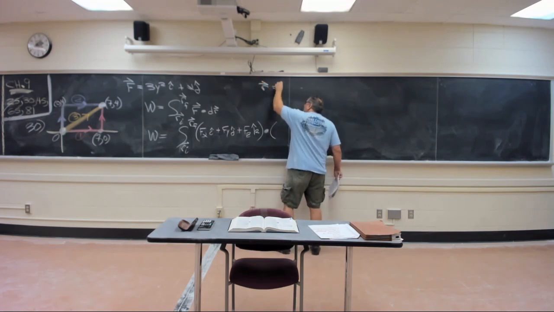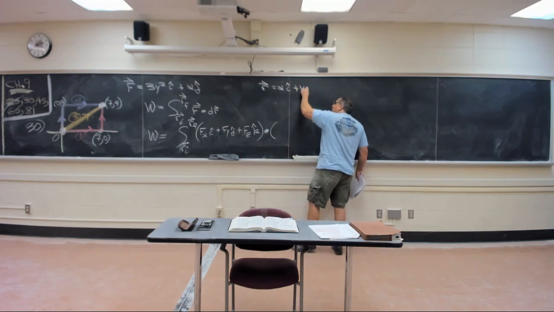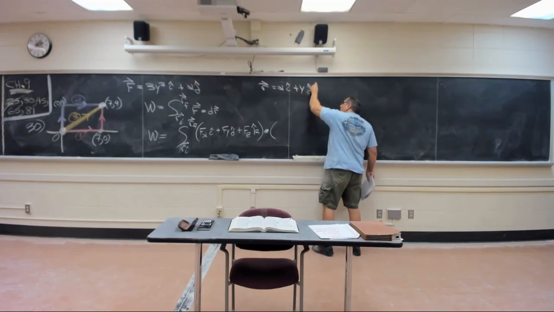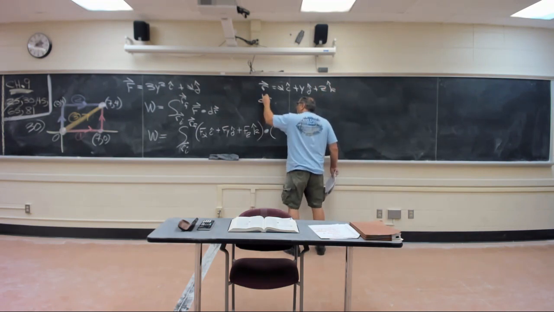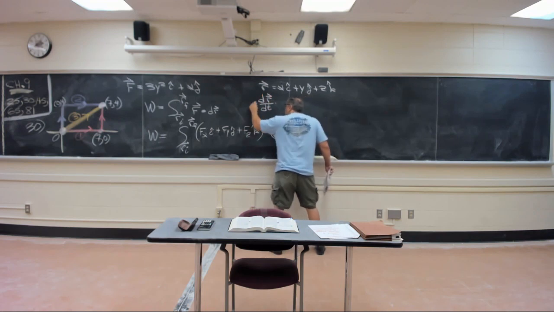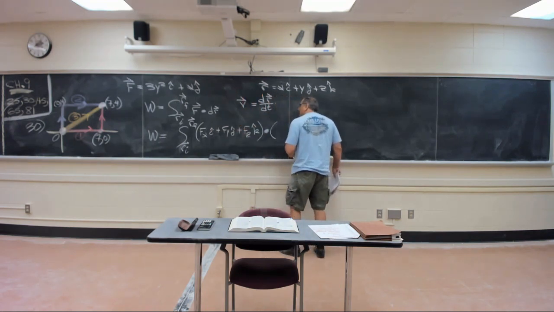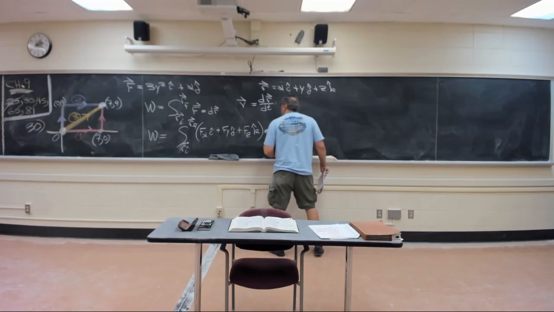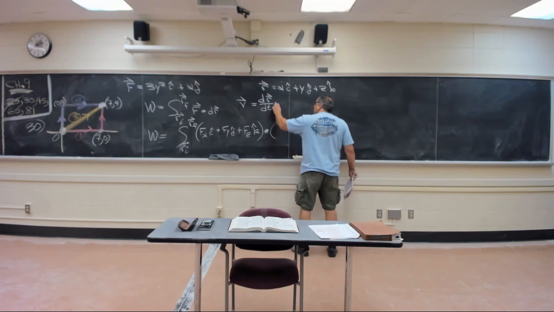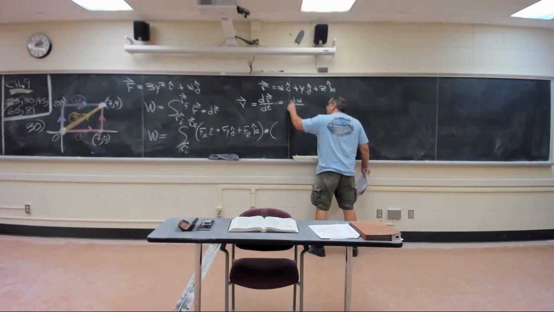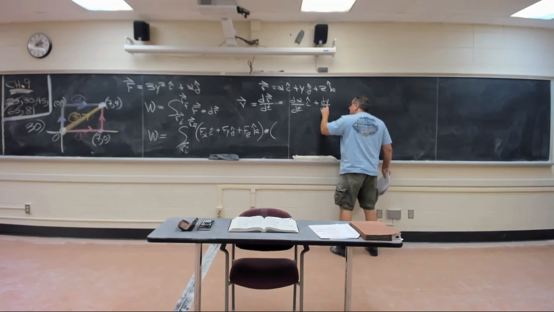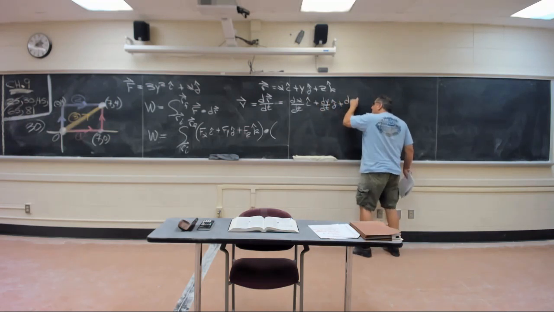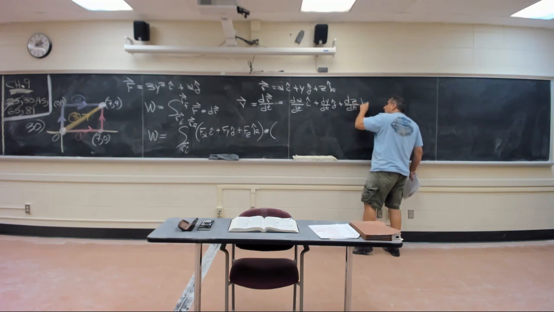Remember, r vector is x i hat plus y j hat plus z k hat. If you do a time derivative, that's v vector. If you do this, you get dx/dt i hat plus dy/dt j hat plus dz/dt k hat.